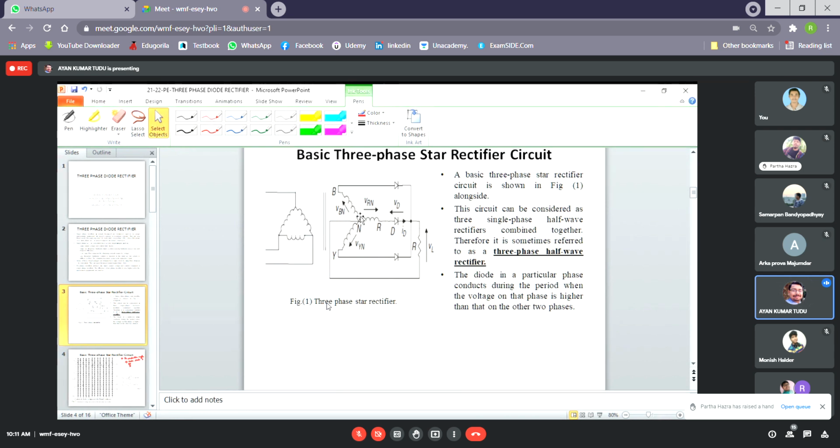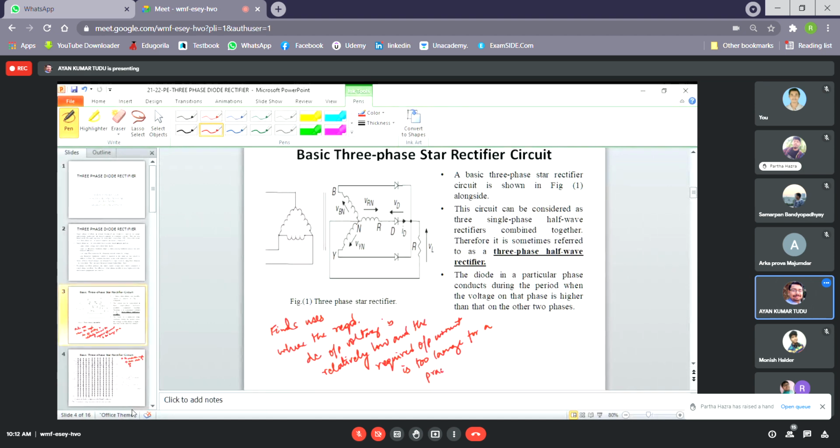I'm again repeating, this circuit finds use where the required DC output voltage is relatively low, and the required output current is too large for a practical single phase system.